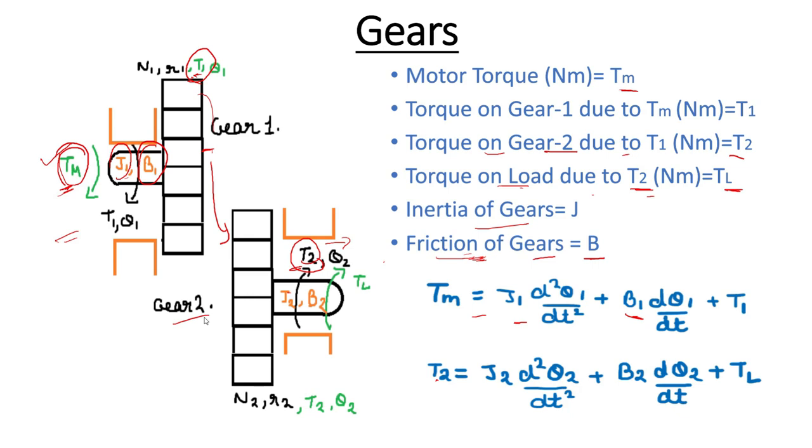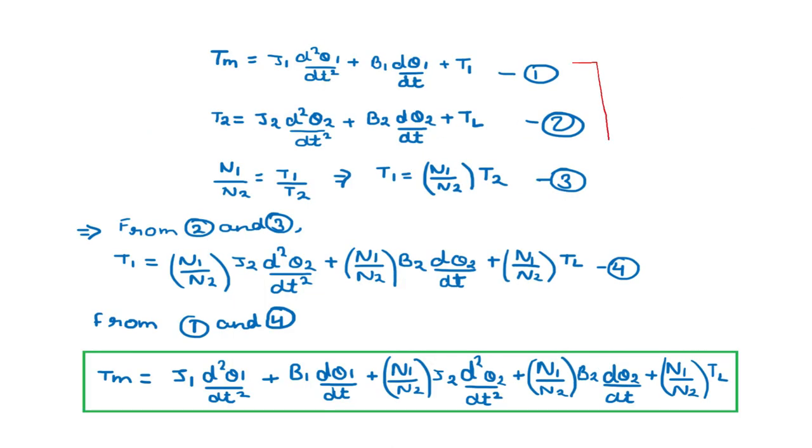And then for gear 2, T2 is equal to torque due to this inertia element J2, which is double differentiation of theta 2 with respect to time, plus torque due to this damper element, which is B2 d theta 2 upon dt, plus this load TL. So now you know how to write these equations. These were the two equations we have just written.